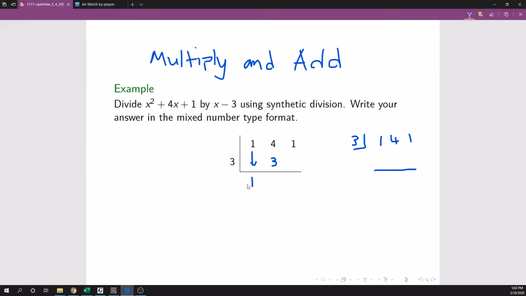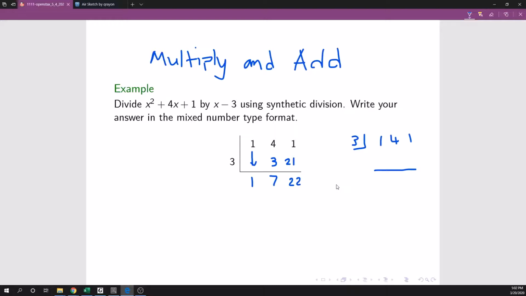So multiply and add. Okay, multiply and add. All right, so next up, 3 times 7, I'm going to multiply and add. Okay, and that's it. We're done, right?